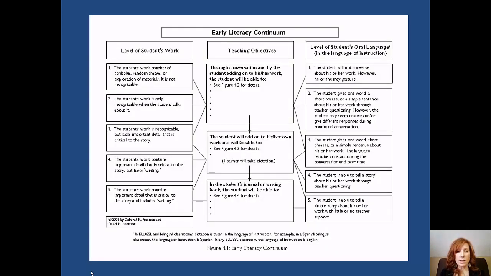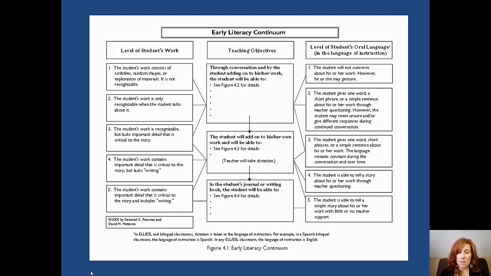You see here in the continuum that he's developed, on the left-hand side, the level of students' work. This is where we look at students' attention to detail in their picture, because most children at this age are going to be using mainly pictures to do their form of writing.